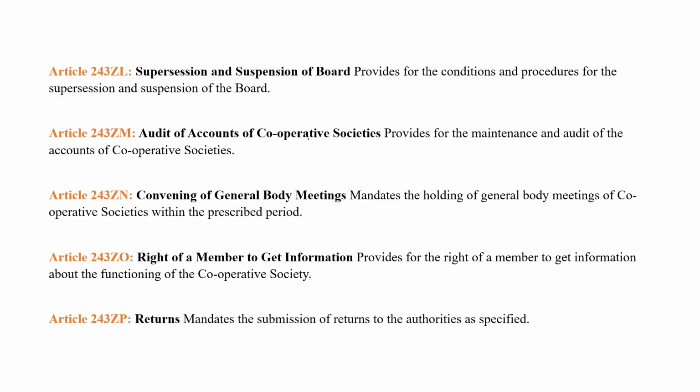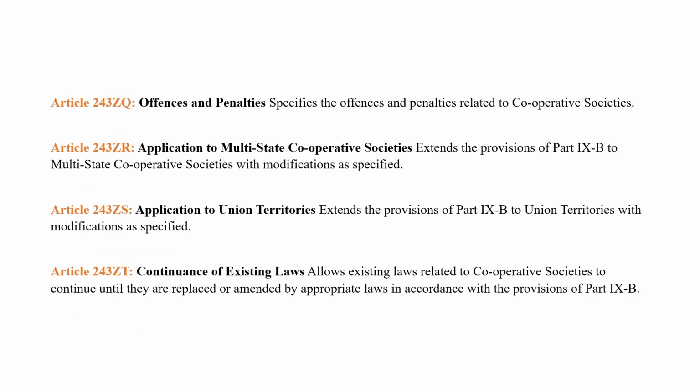ZM covers the audit of accounts of cooperative societies, meaning a person is appointed to audit the accounts of a cooperative society. ZN covers convening of general body meetings. ZO explains the right of a member to get information about the functioning of the cooperative society. ZP explains the returns, which mandates the submission of returns to the authorities as specified. ZQ covers offenses and penalties for cooperative societies if they are not working according to the law, rules and regulations.